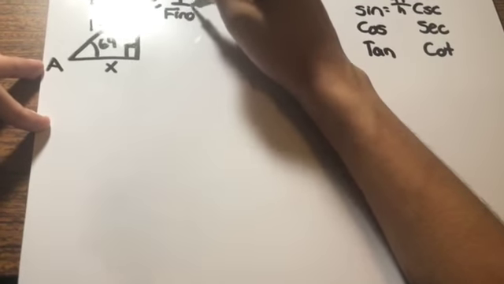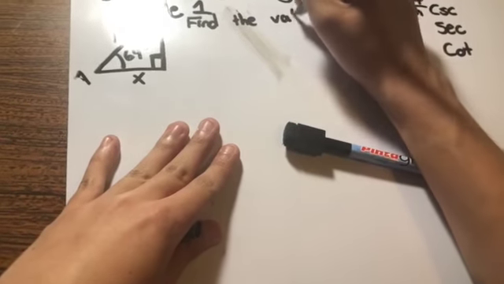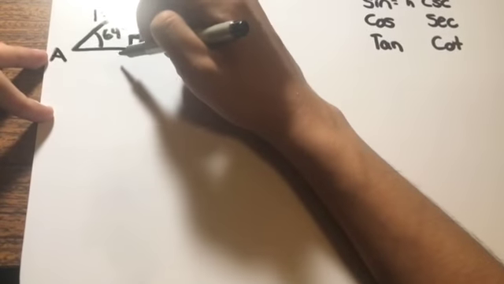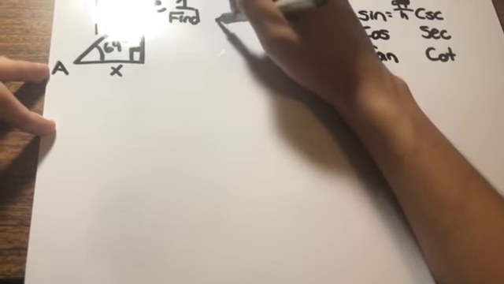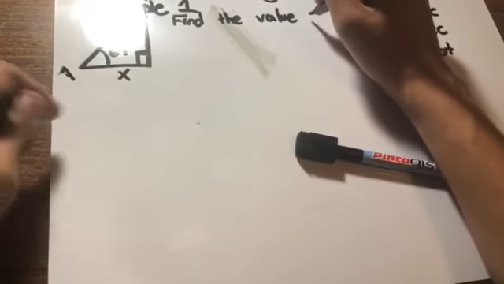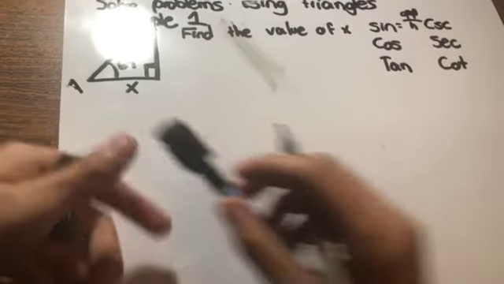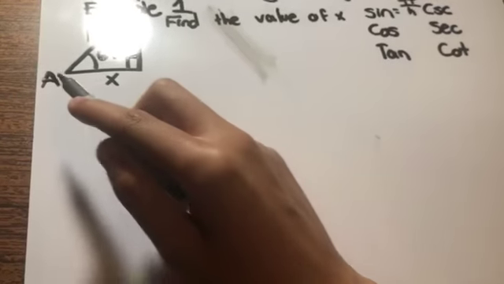The instruction is find the value of x. So, in order to find the value of x, we need to first position ourselves in A.